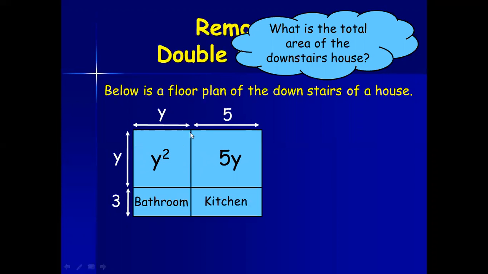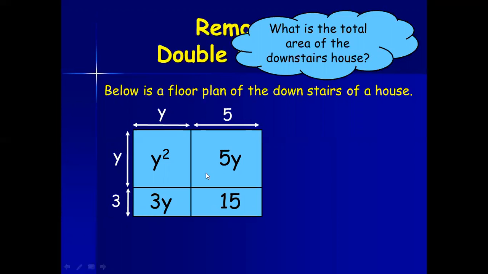And this square is 5 times y. And this rectangle is 3 times y. And this kitchen will be, what do you think? It will be 3 times 5, so it will be 15.